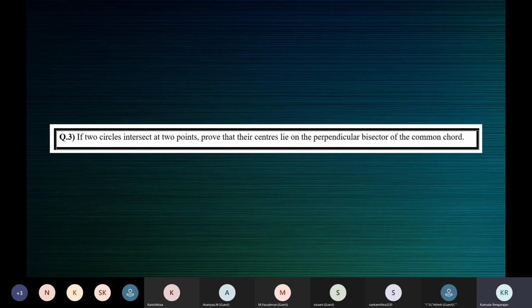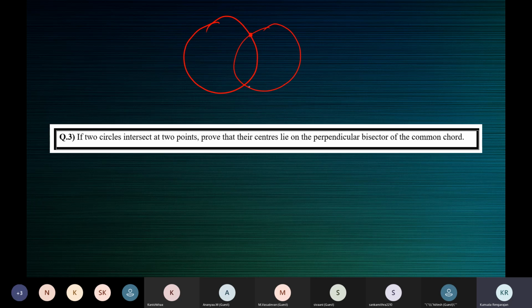If 2 circles intersect at 2 points, prove that their centers lie on the perpendicular bisector of the common chord. Two circles intersect at 2 points, like this.